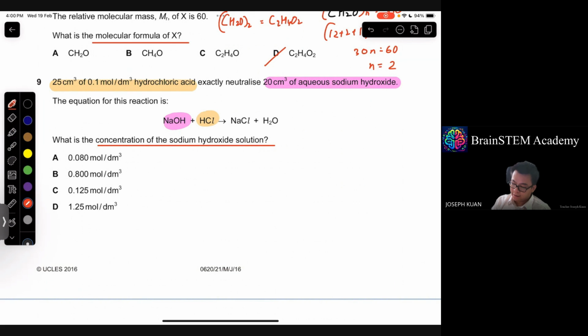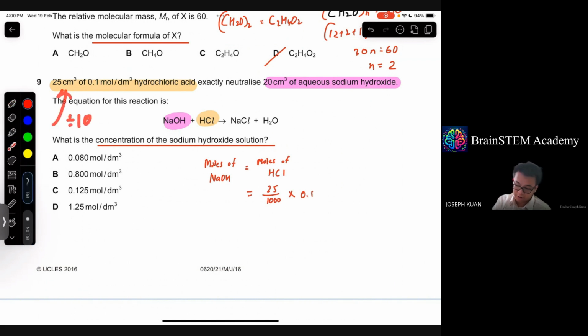So the moles of sodium hydroxide is equal to the number of moles of HCl used, which we can find by multiplying the volume by concentration. 25 over 1000 times 0.1. This must be converted to cubic decimeter first, that's why we're dividing by 1000.